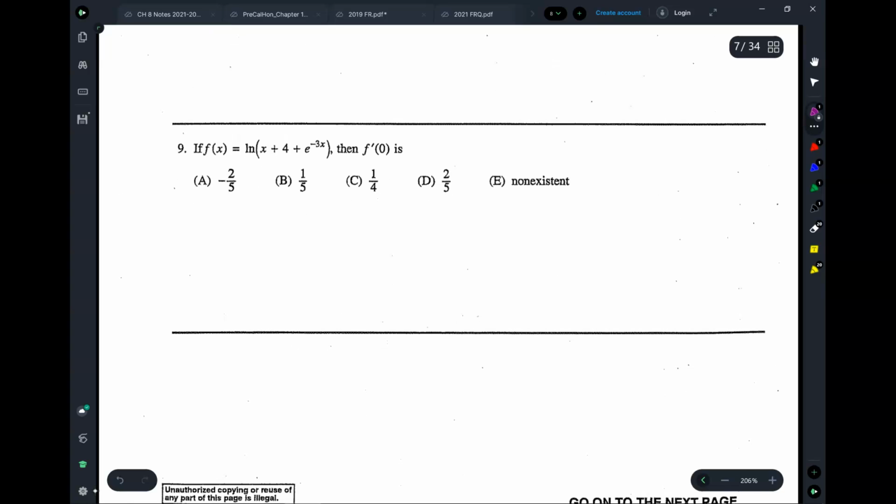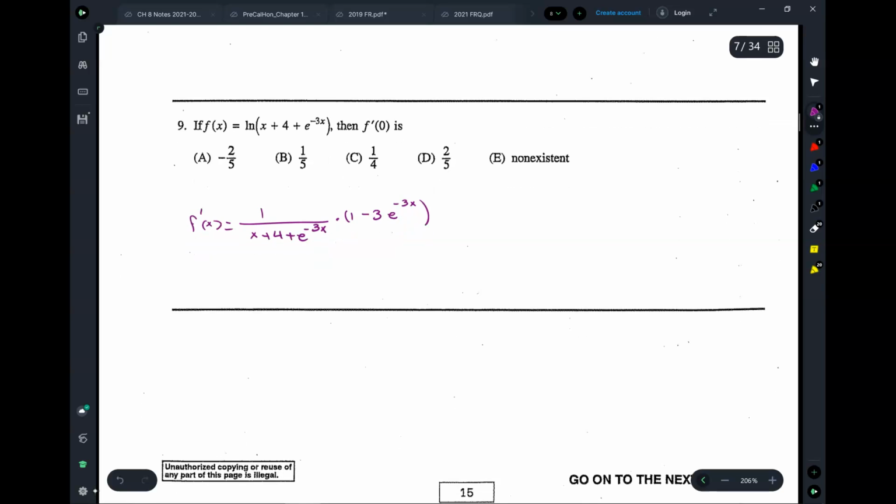Okay, so here we have ln of this beautiful complicated thing. We want f prime of 0. So first let's find f prime of x. What's the derivative of ln? The derivative of ln of something is 1 over the something times the derivative of the inside. So that's 1 over the inside times 1 minus 3e to the -3x. Yes?